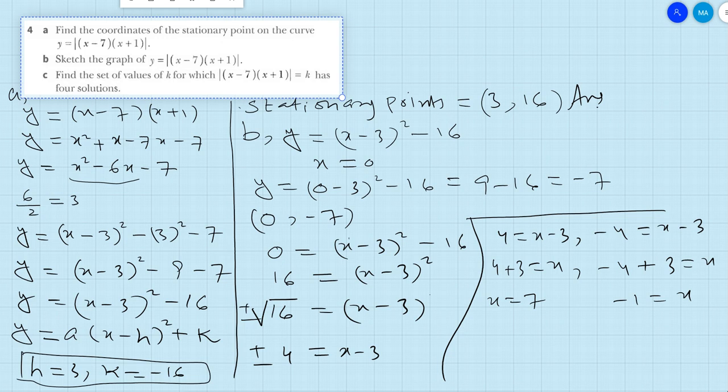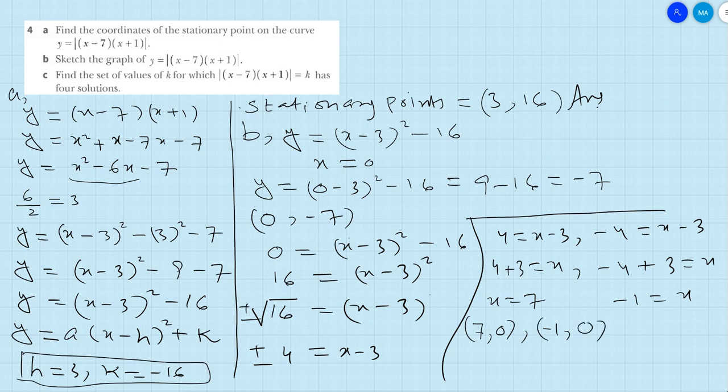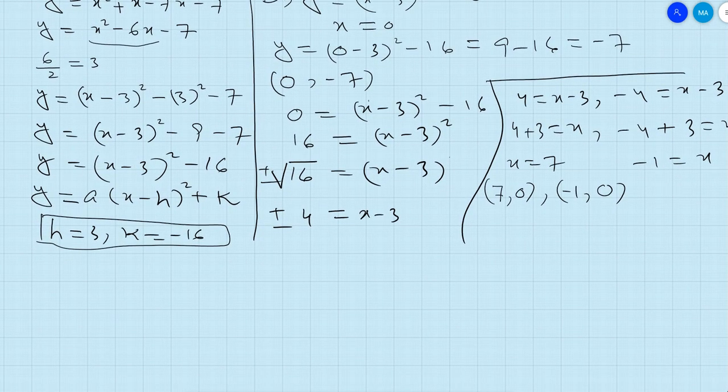So when x is 7, then y is 0. When x is -1, then y is 0. Now write down all points together.